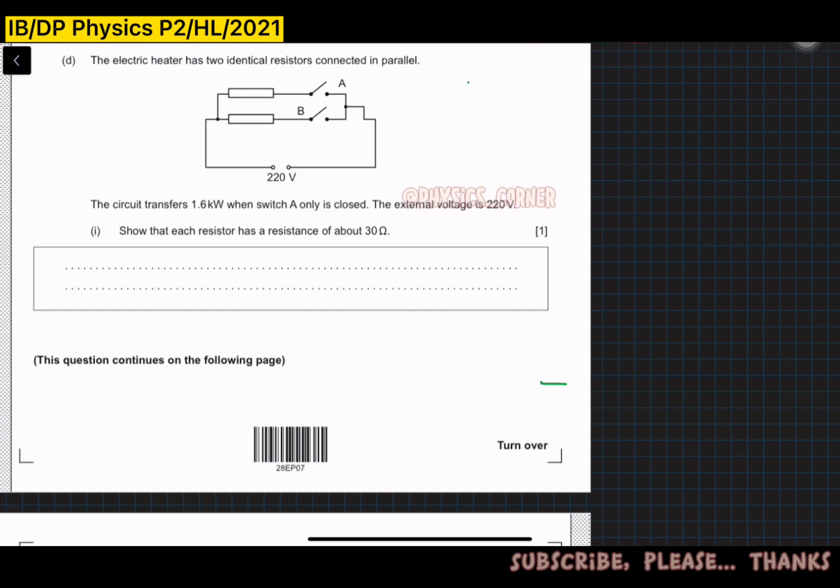We can use the power formula. Power equals V squared divided by R, so R means V squared divided by P. We have V 220 squared divided by 1600.